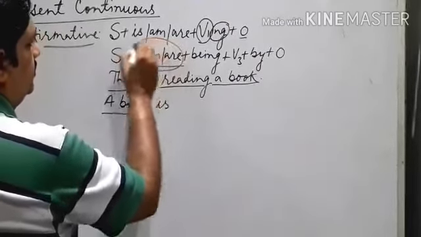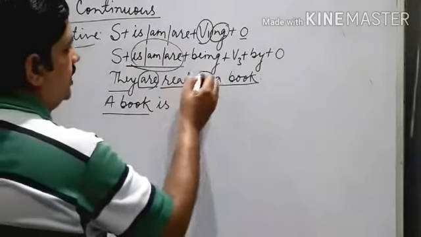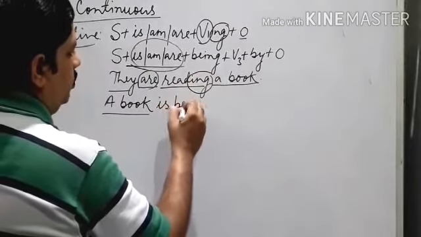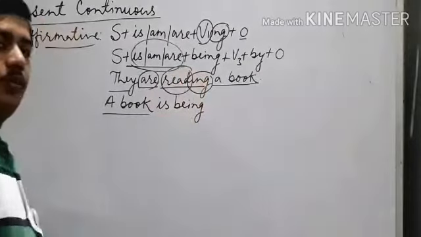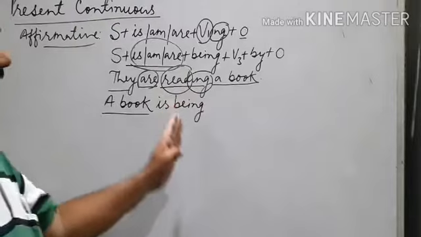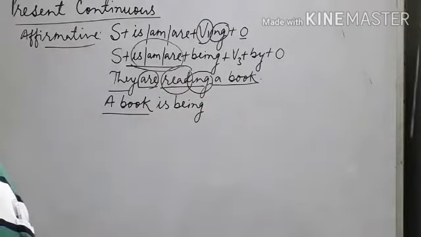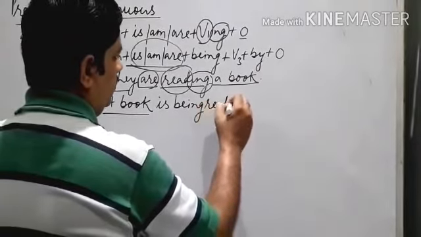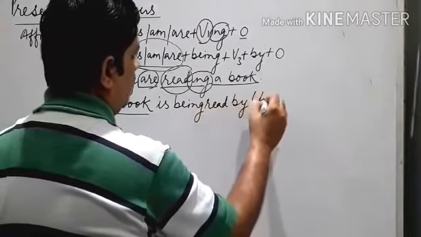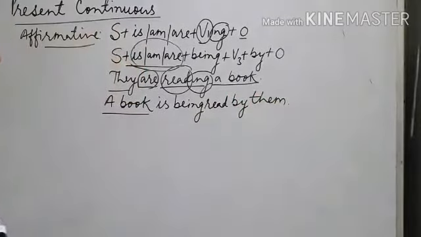Out of these three helping verbs, a book is. Now change this ing into being. A book is being. Now the third form of read: read, read, read. Spelling is the same, but pronunciation is different. So, read, by, and convert this they into them.